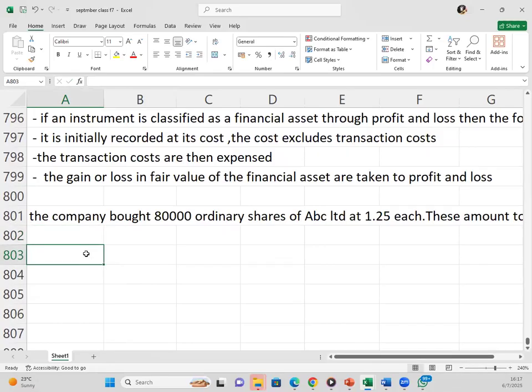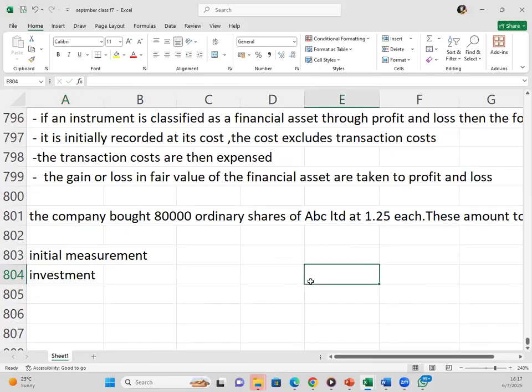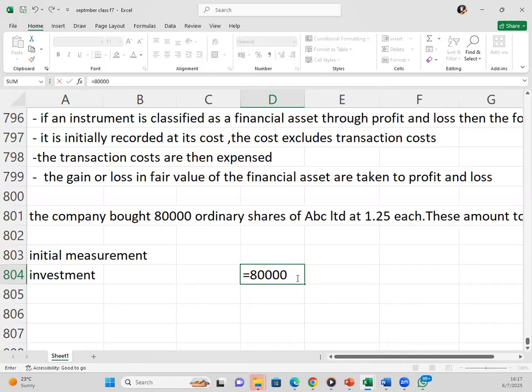So, initial measurement. We are going to record the investment. On the day of buying these shares, because it's us that bought the shares, we debit our investment in financial asset: 80,000 times $25.